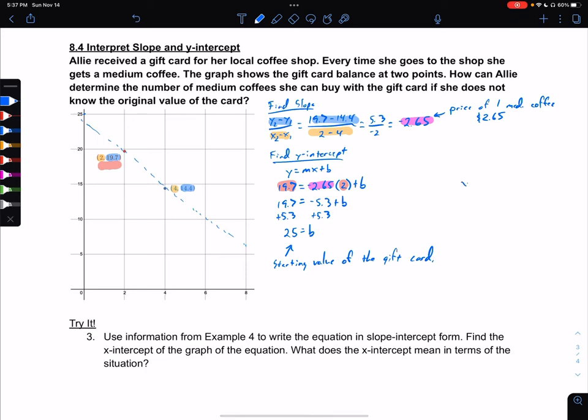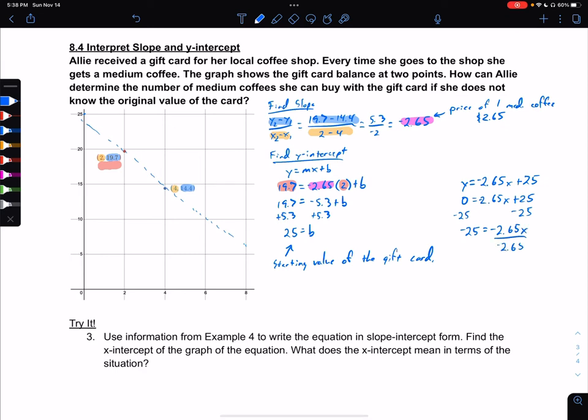And we're going to use the equation y equals, so m we know is negative 2.65 and b is 25. So what are we trying to do? We're trying to zero out, right? We want to know when y is equal to 0 and we have no money left on the card. So we can solve this. If we subtract 25, we get negative 25 equals negative 2.65x.